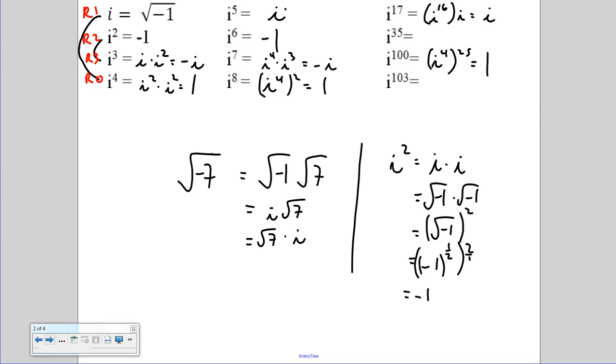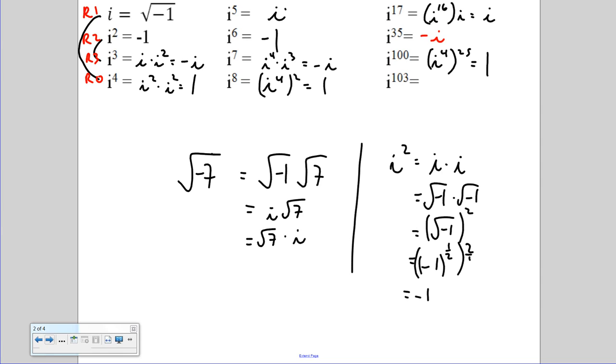Well, let's see. i to the 35th. 4 goes into 35 8 times with a remainder of 3. A remainder of 3 means this is going to be -i, and I'm done. Fun. i to the 103rd.